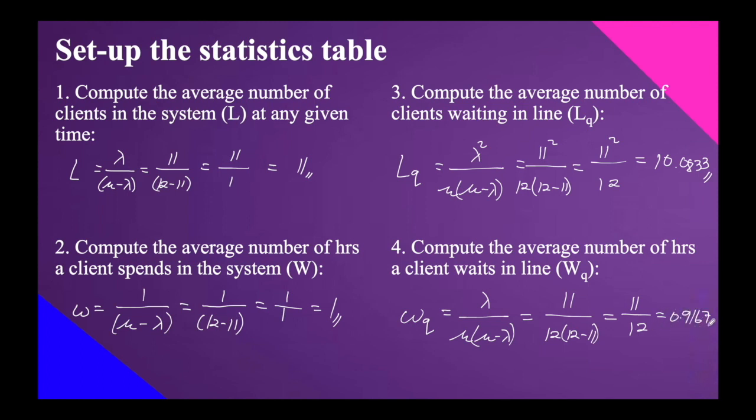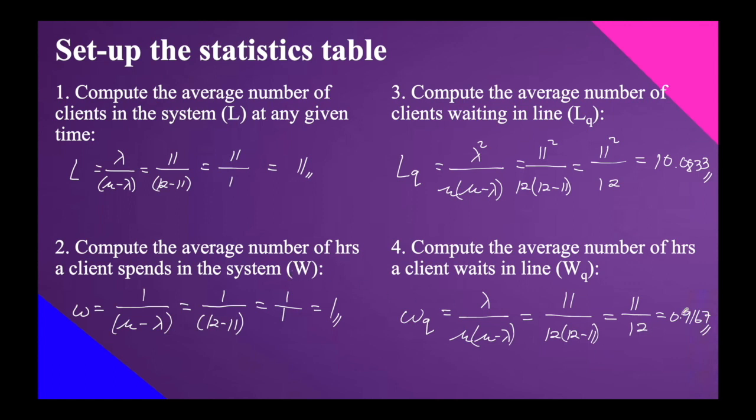0.9167, meaning to say, guys, we have on the average 0.92 hour average time a client is in line. No? So, more likely, almost mag-iisang oras na. Pero kung titignan ninyo, mas maliit lagi yung sagot for number 4 since this is just the average number of hours a client waits in line, while this number 2 is yung kabuuang system.